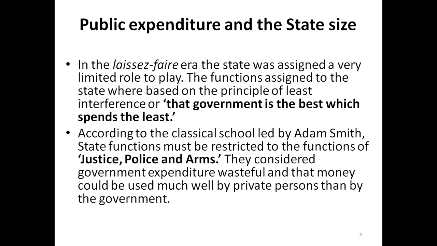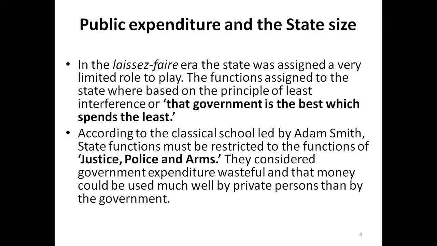So this is what they were saying about how the classical era was. They say that the state was assigned a very limited role to play, and the functions assigned to the state were based on the principle of least interference, that the government is the best which spends the least.